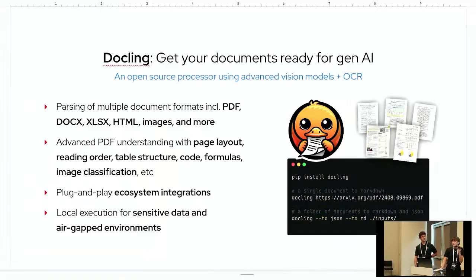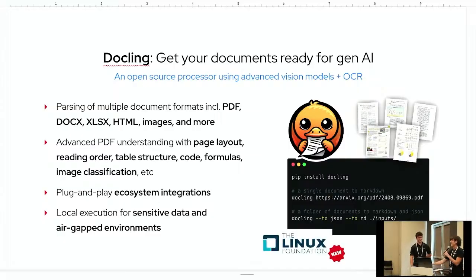As I just mentioned, it can do advanced PDF understanding with page layout understanding, table structure, code, formulas, and it has plug and play ecosystem integrations, lots of cool features. We're going to go over those, and we're going to take it all the way from unstructured data to a large language model chatbot application with your new data. All right, back to Cedric.